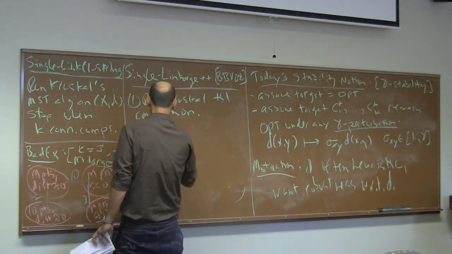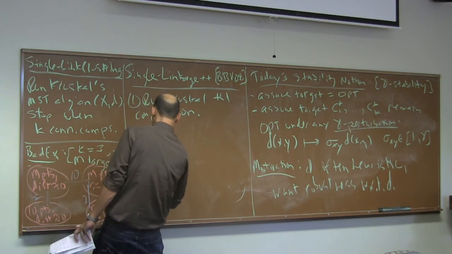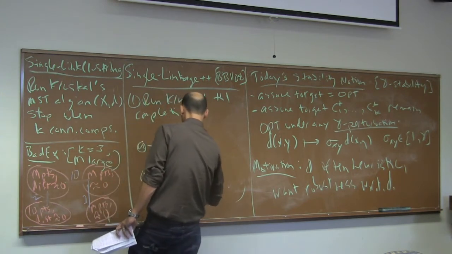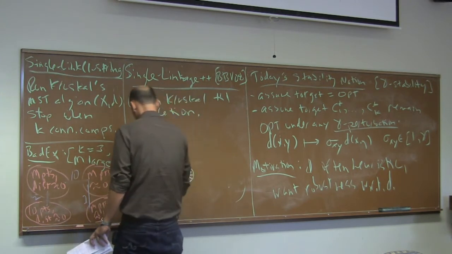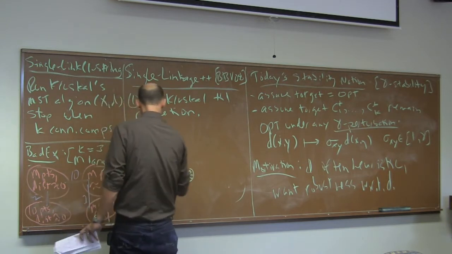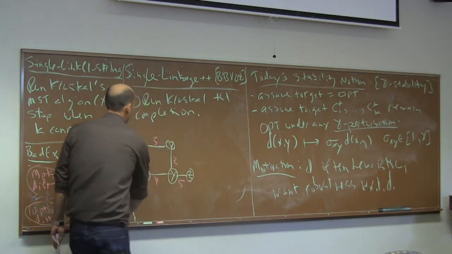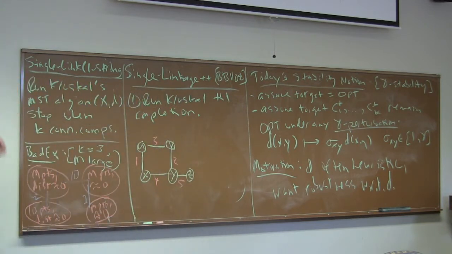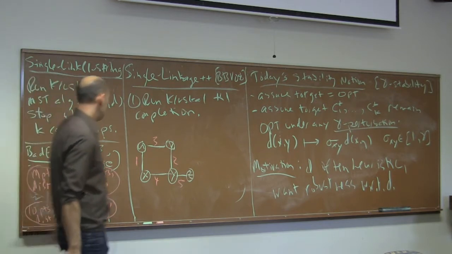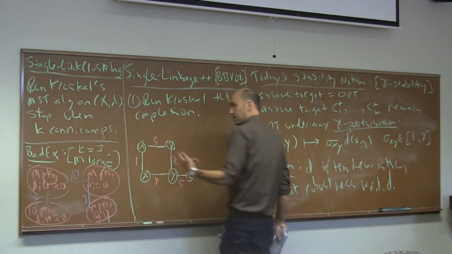So consider the following 5-vertex graph, with the following edge weights. So we're going to run Kruskal on that. So we sort from low to high and we let it go, right? So first thing that happens is the 1 gets chosen by Kruskal. Okay?